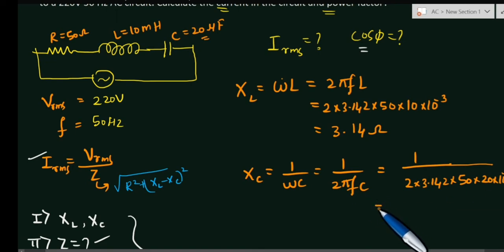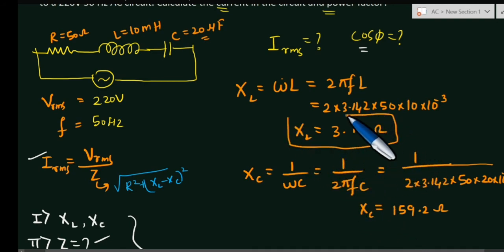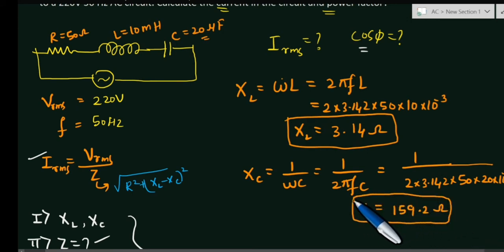If you calculate, the value comes out to be 159.2 ohm. So we got the XC value also. So this is the value of XL and this is the value of XC. So the first step is over.